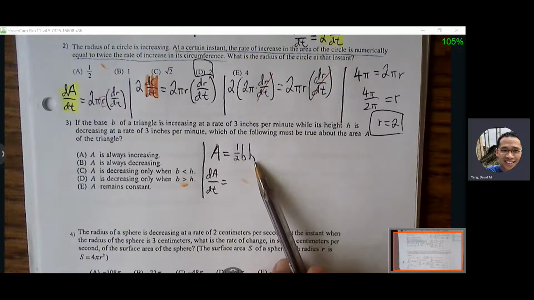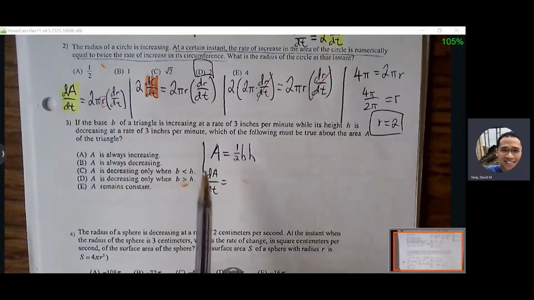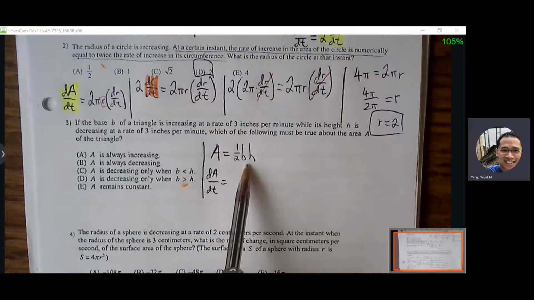Now, if it was b plus h, then we can say dB dt plus dH dt, but anytime we have variables multiplied together, we're forced to go through product rule. Okay, so product rule here.